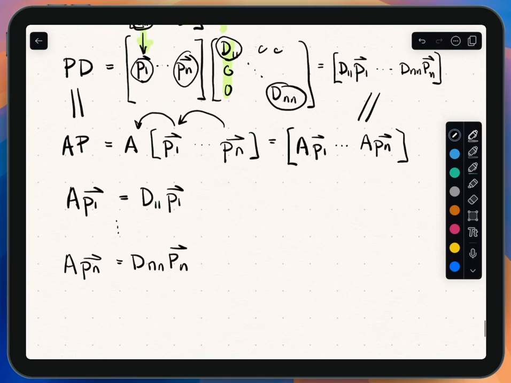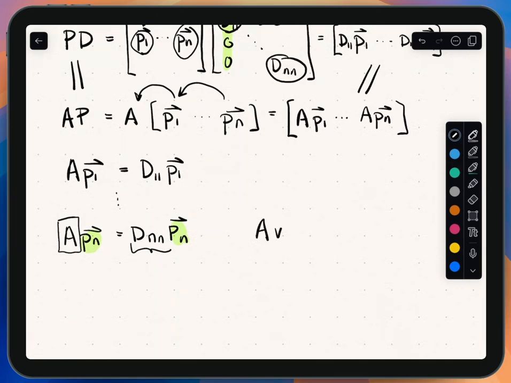And what does this mean? Well, this is interesting because we have the same vector on the left and the same vector on the right, and we're taking a matrix A, and we're connected with just a real number. This is just a number, this diagonal entry. And that looks very similar to our eigenvector equation, right?